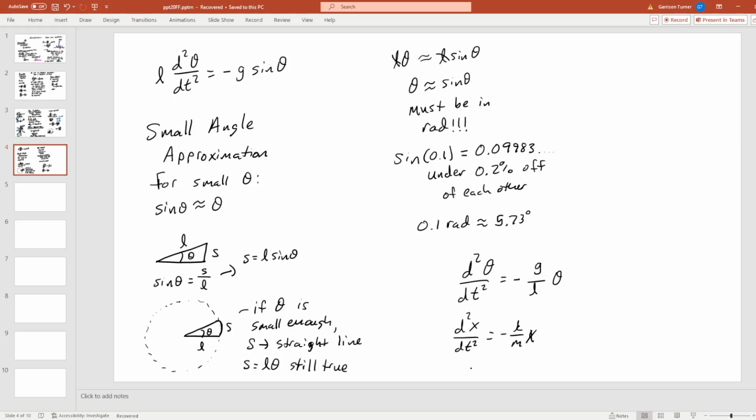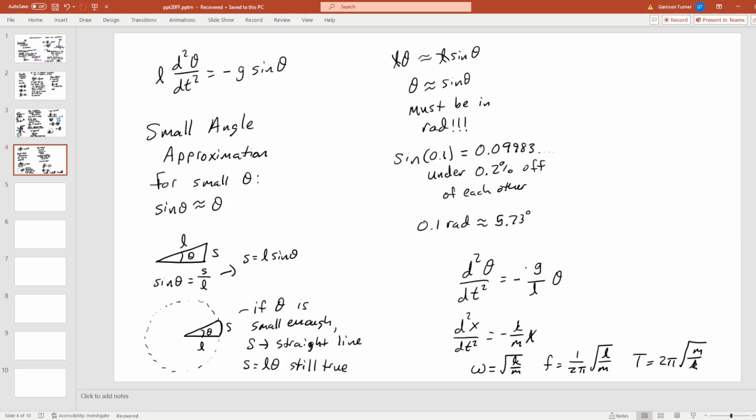So remember, with Hooke's law, our angular frequency was the square root of k over m, and our frequency was 1 over 2 pi times the square root of k over m, and our period was 2 pi times the square root of m over k.